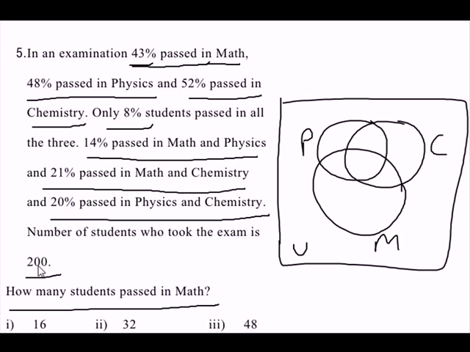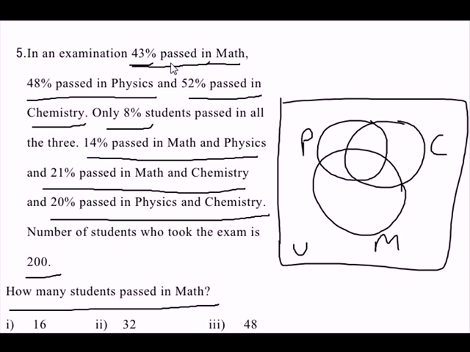So let's try to put all the information in this question into this diagram and see where we go. The first piece of information is 43% passed in math. Let me try to use different colors for the three.